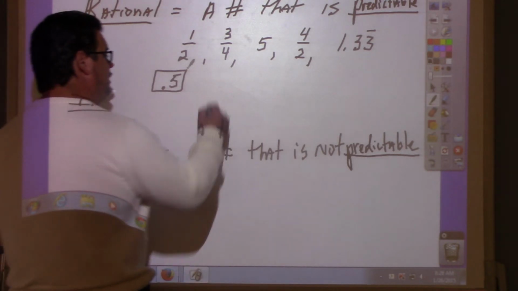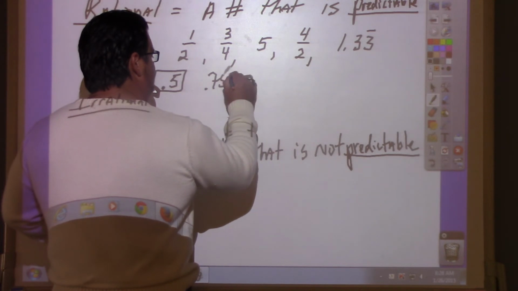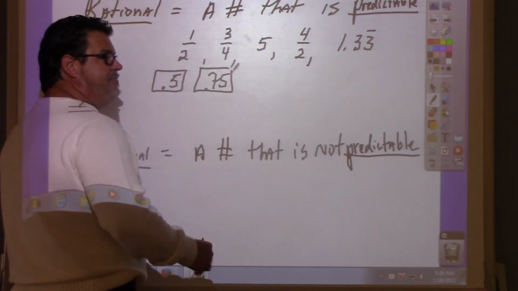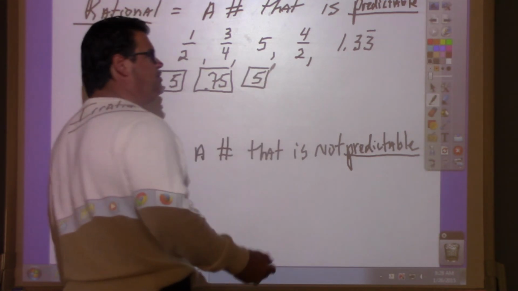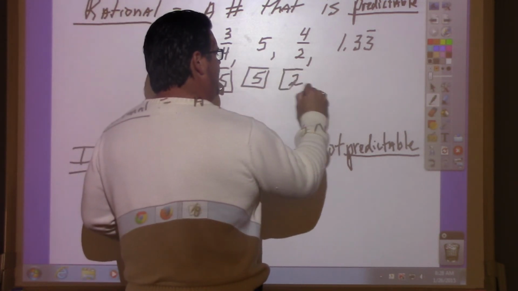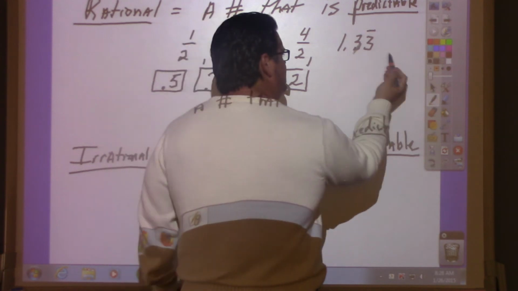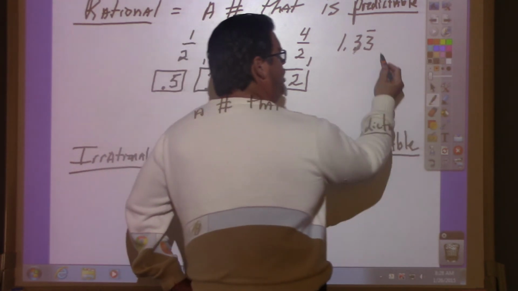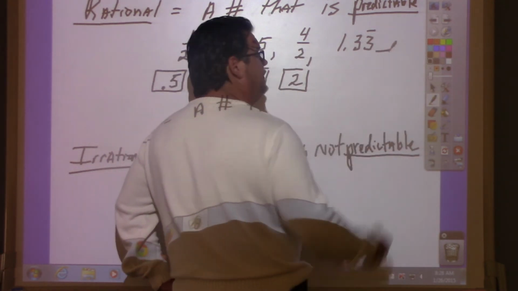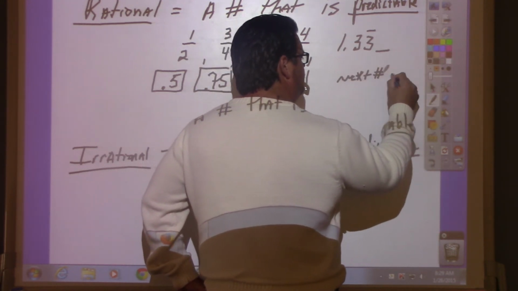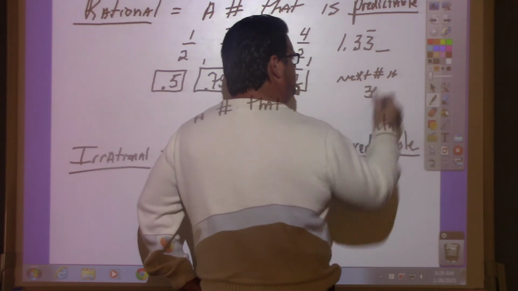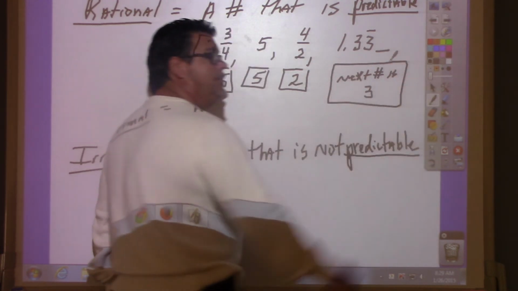It's always going to be 0.75. No doubt. 5 over 1 is 5. There's no doubt. 4 over 2 is 2. There's no doubt. Why is this predictable? Because you know that next number is 3. Next number is 3. You know that without a shadow of a doubt.